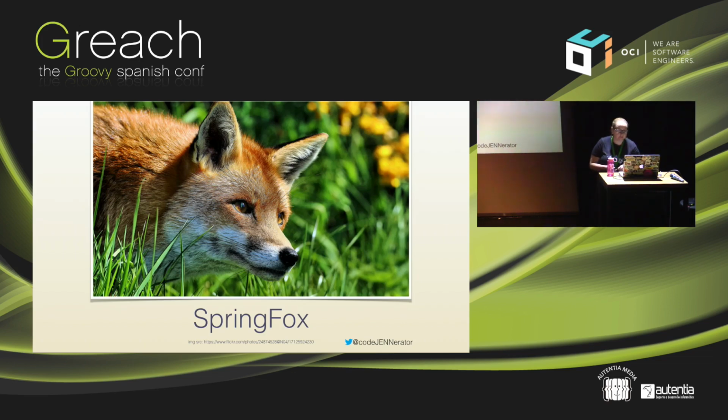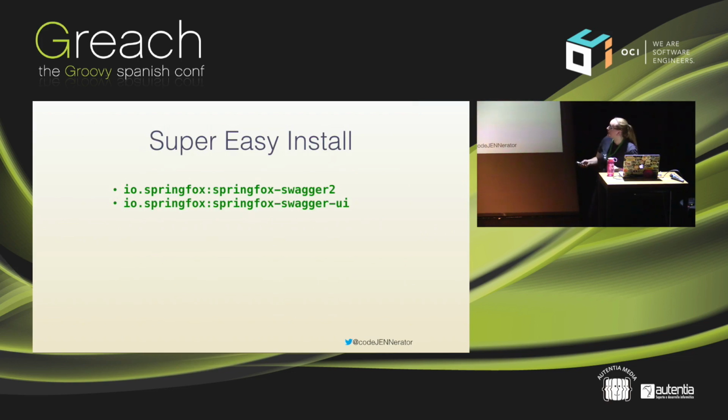The key difference being, this is the library for generating the spec, and the second one is for generating the UI. You don't necessarily have to use them together either. You can use something different for the UI if you want.